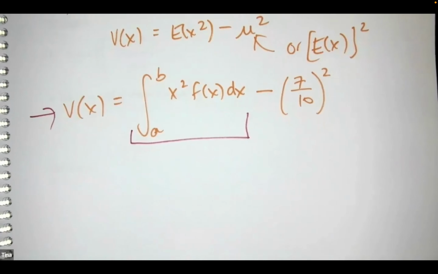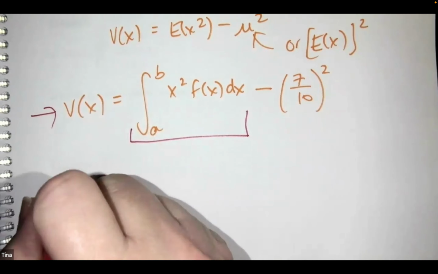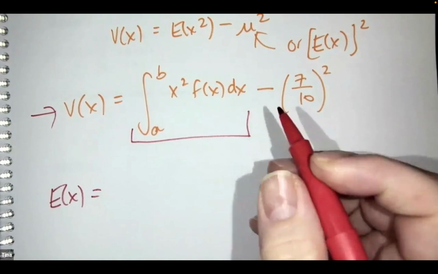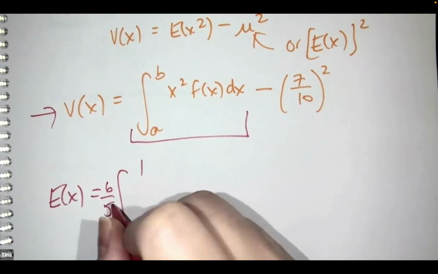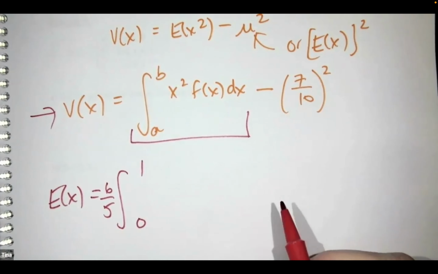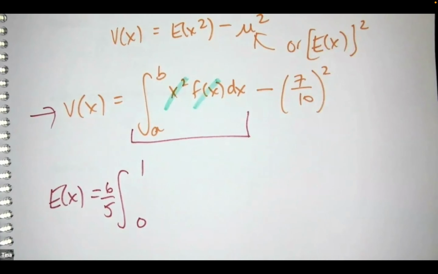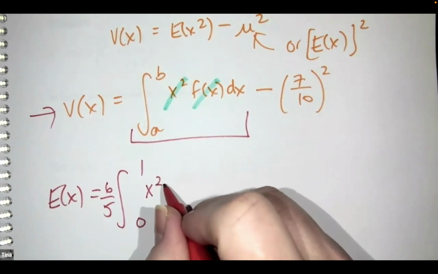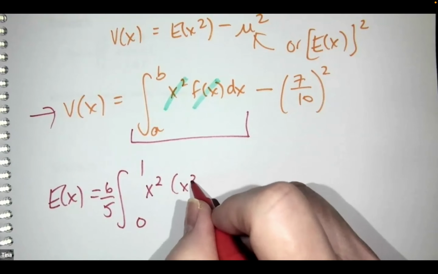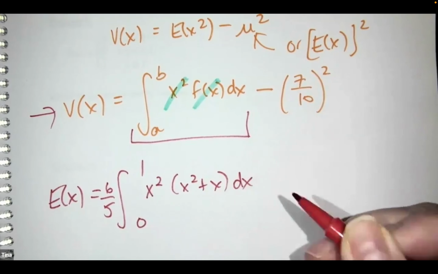So what is this E of x squared? Well, it's got to be the integral from 0 to 1. Again, if you want to put your 6/5 out in front, like me, you can. And now we have to take x squared times the function, whereas for the mean, it was x times the function. So x squared times the function x squared plus x.